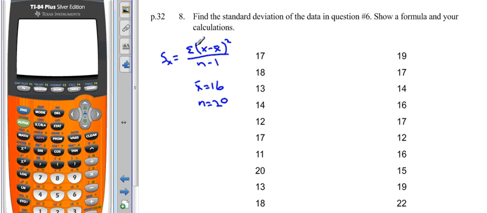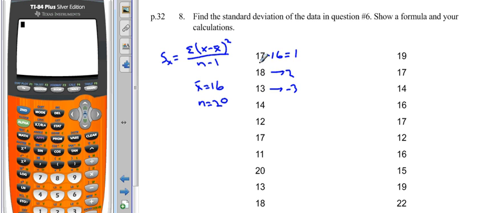So first, if we follow order of operations, think back to Algebra 1, the first thing we do is what's in the parentheses. X minus x bar means we take every data point we have and subtract the mean. We subtract 16. So subtracting 16 from each of these gives us 1, then 2, then negative 3.